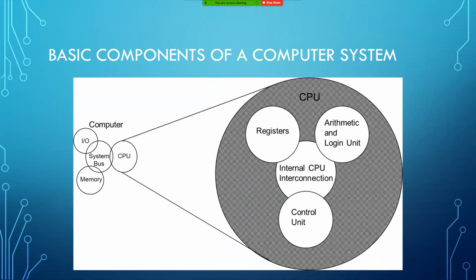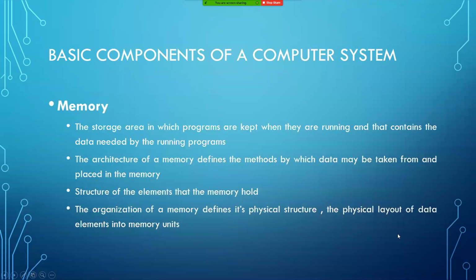This is just a simple, self-explanatory picture. If you go inside the CPU, you have several registers, the ALU, the control unit, and the internal CPU interconnection, because otherwise they cannot communicate with each other.